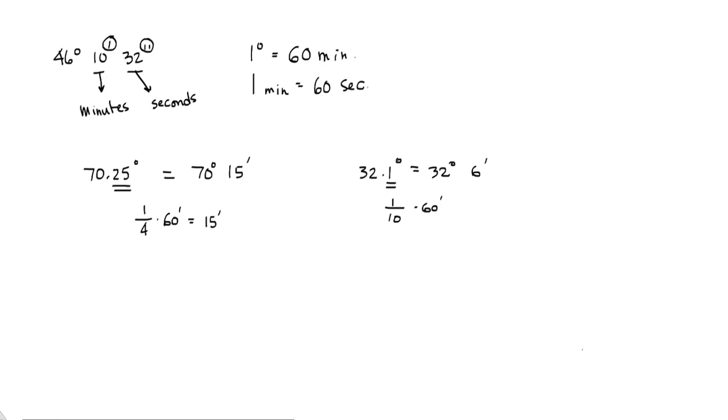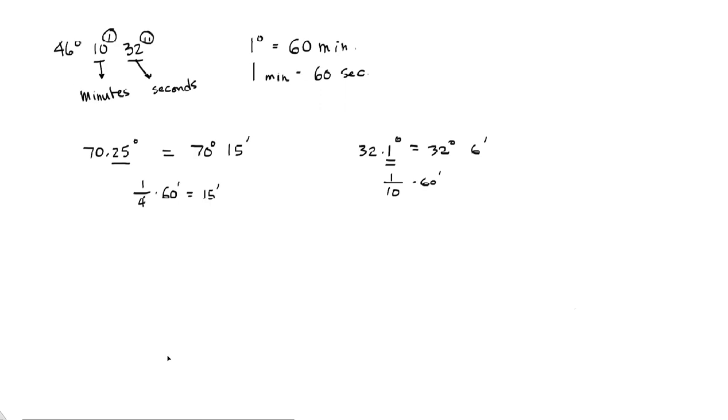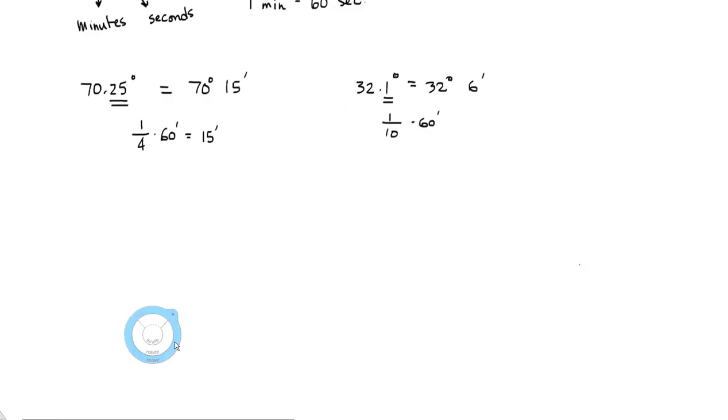So let's get a little complicated. What if I said you had, now let's say, 43.63 degrees. And I want to write that in degrees, minutes, and seconds. Okay?